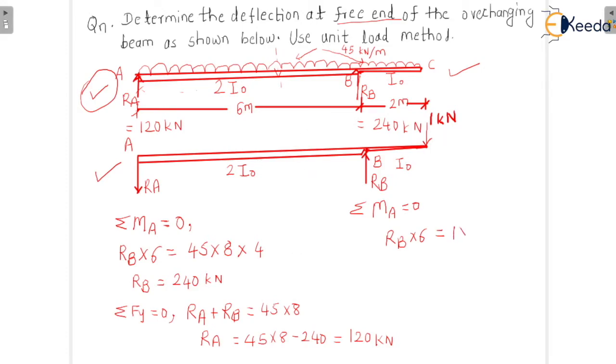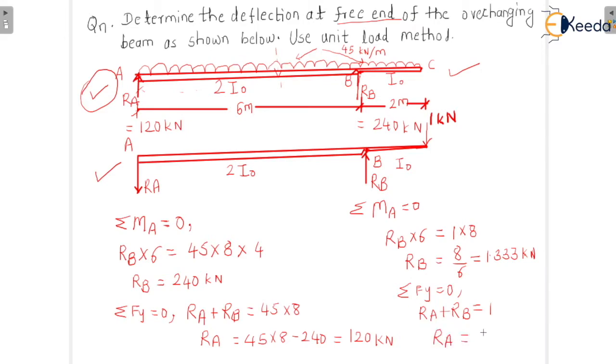So we get Rb equal to 8 by 6, that means 1.333 kilonewton. But the total load, if you do summation of forces in y direction, is only 1 kilonewton. Ra plus Rb is equal to 1 only, so one support reaction will be negative, that is Ra will be negative.